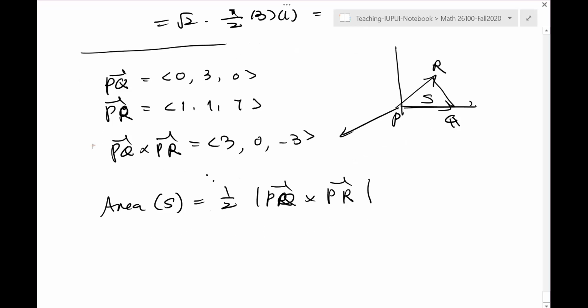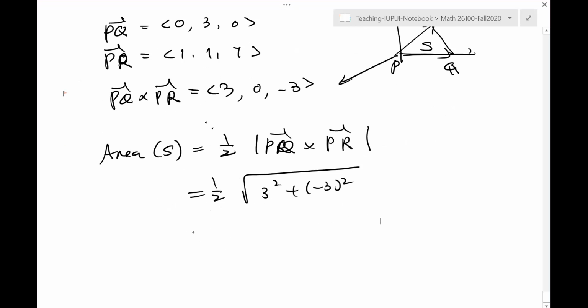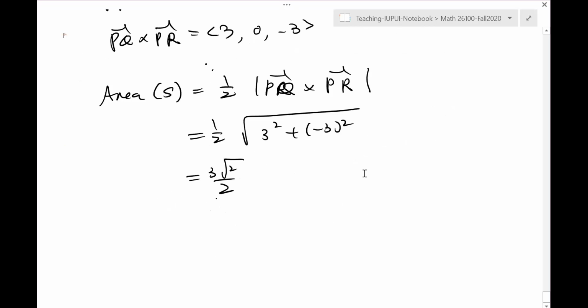It's going to be that, and then you can take 3 out. So you will get this. It's the same answer. The reason is, in space, let me repeat again. You have a vector A and a vector B. In the parallelogram, the length of the cross product is the area of the parallelogram.